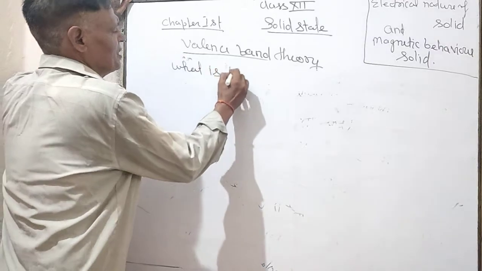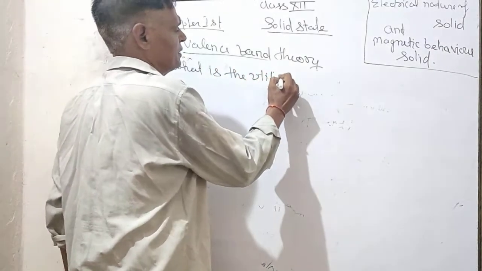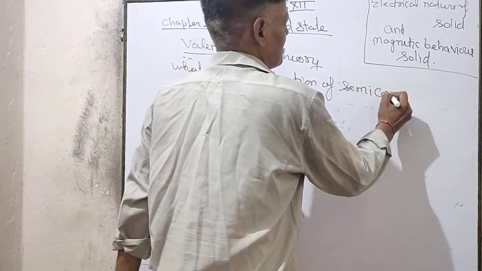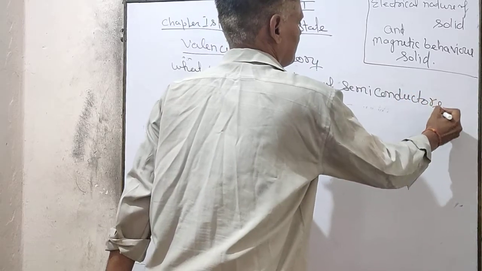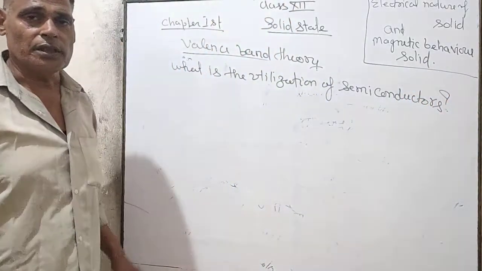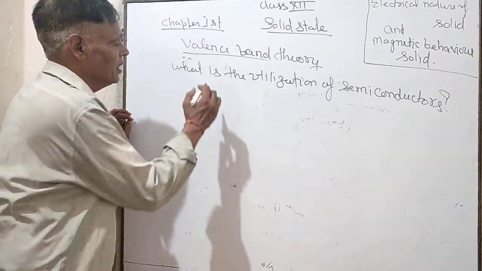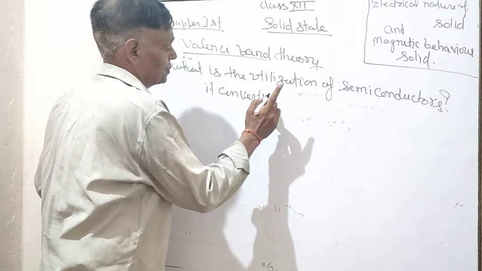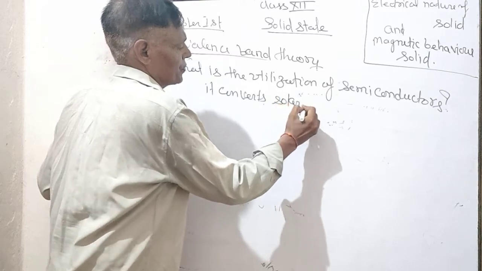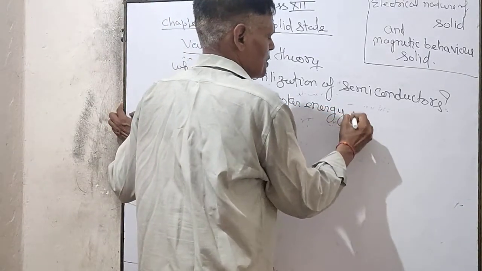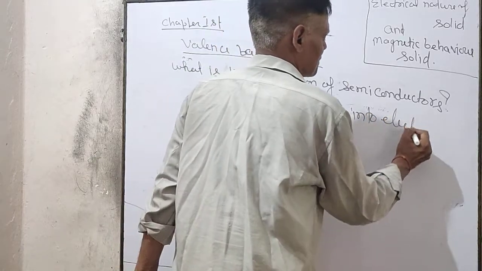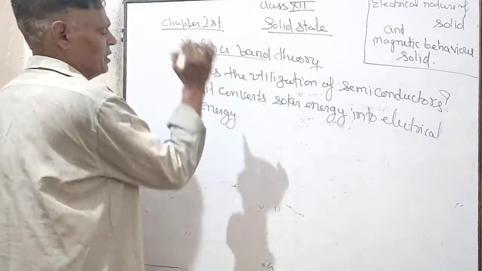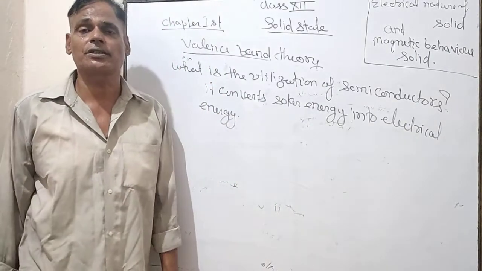The utilization of semiconductors is that they convert solar energy into electrical energy.